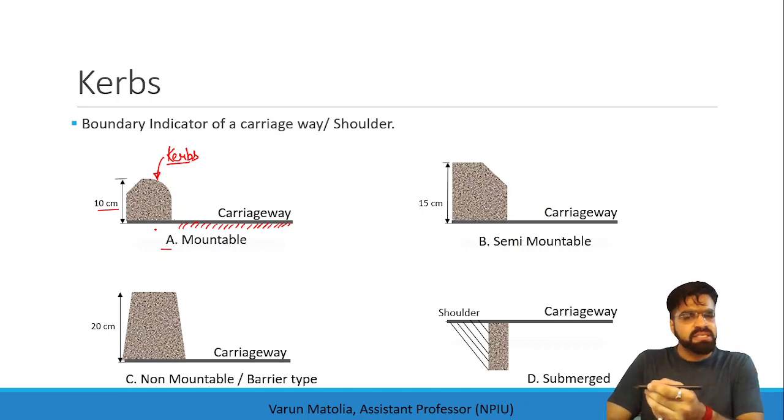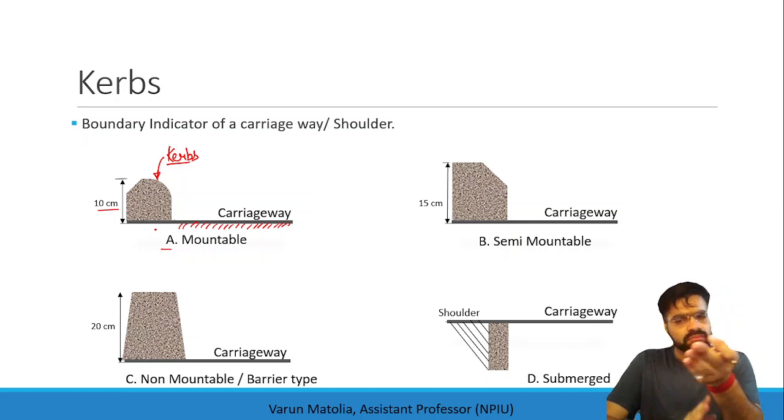In areas where a lot of congestion is taking place, we can allow vehicles to run over the pedestrian footpath and take the footpath as an additional lane. These curbs can be provided in those cases, or on the medians where we can allow vehicles to move over the median in an emergency condition.